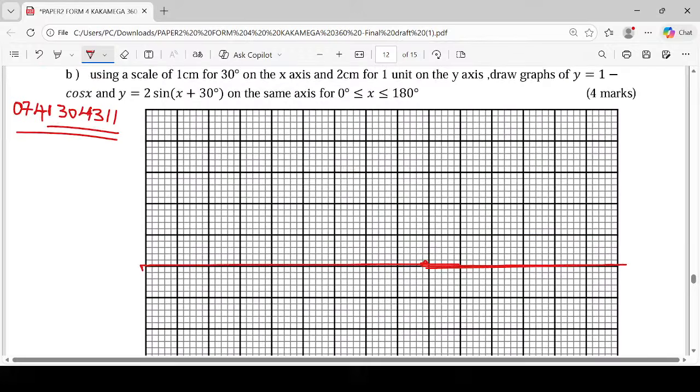You need to be very keen with this type of graph because here the x values range from negative 180 to positive 180.